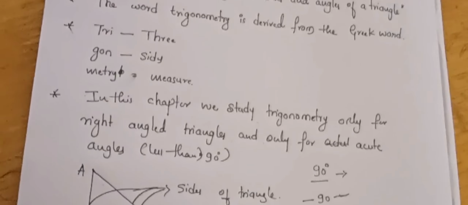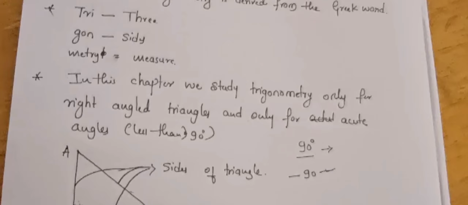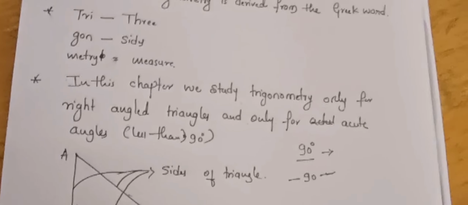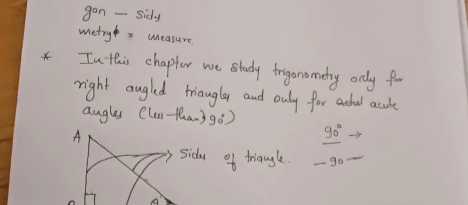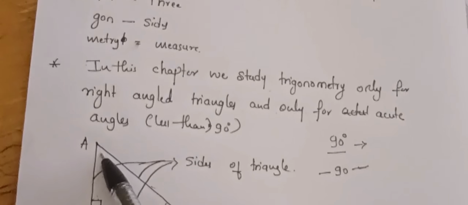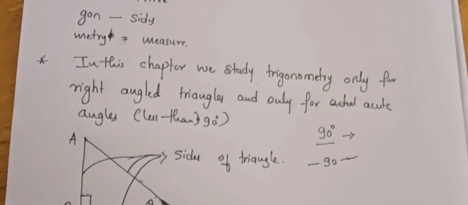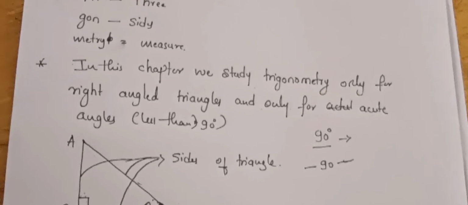So here B is 90 degrees, so we call it a right angle triangle. The triangle ABC in which angle B is 90 degrees is called a right angle triangle. Okay, now consider triangle ABC, in which angle B is equal to 90 degrees.